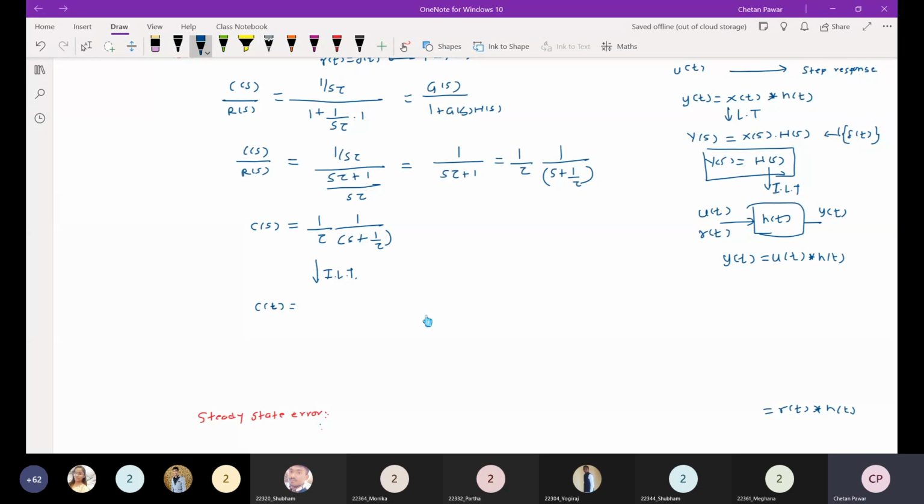One upon tau e raised to minus t by tau u of t, right? So this is the impulse response. Okay.